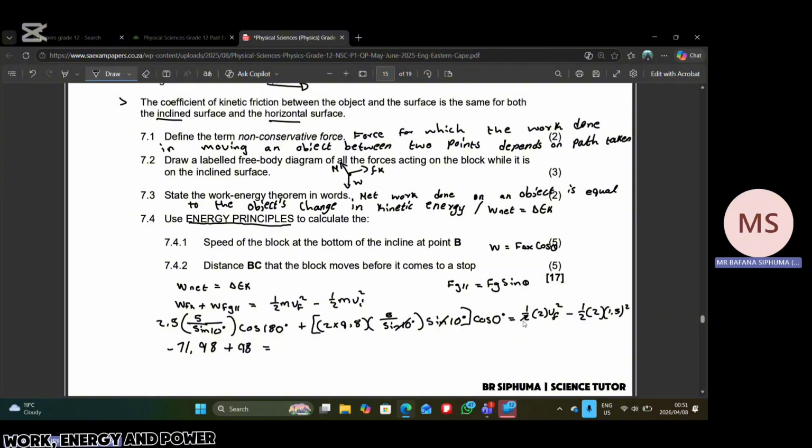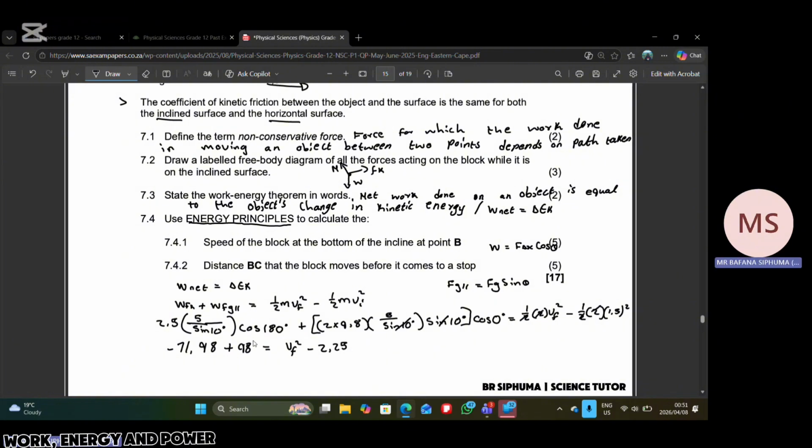Then 1 over 2, I will be left with Vf squared right there minus what is 1. 2 and 2 cancel each other here. I'll be left with 1 over 1.5 squared, which is basically 2.25.